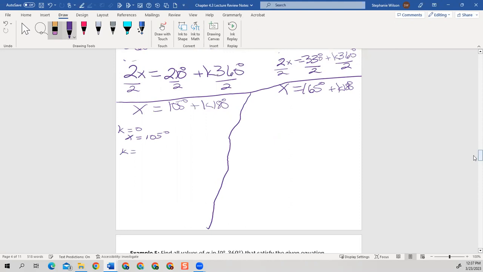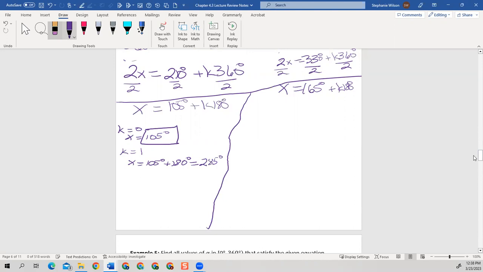When k is 1, now what do we get? We get x is equal to 105 degrees plus 1 times 180. So we're just going to add those together. So we got 105 is one value. I'm going to take the 105 and add the 180, and we get 285 degrees.